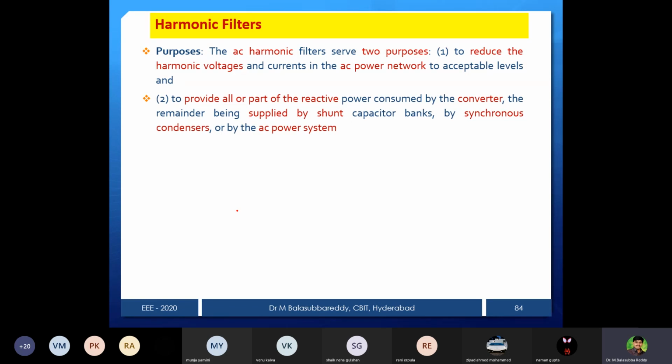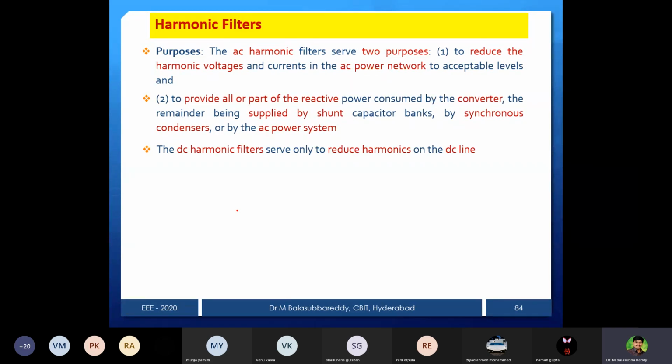So in addition to these filters, we need to use other types of compensating equipment like shunt capacitors as well as synchronous condensers. These are the two main purposes of AC harmonic filters. And DC harmonic filters are only to reduce the harmonics on the DC line. This is the difference between AC and DC harmonic filters.